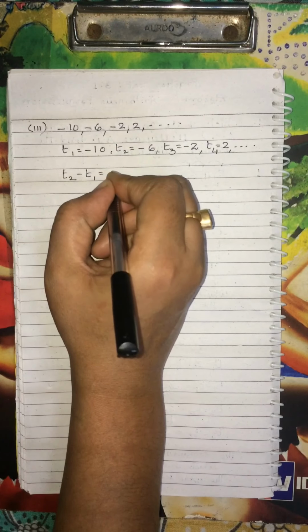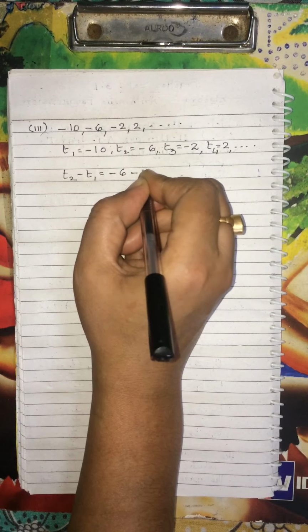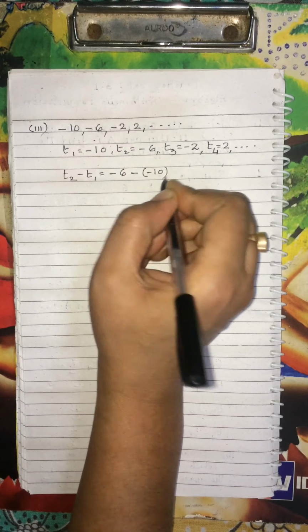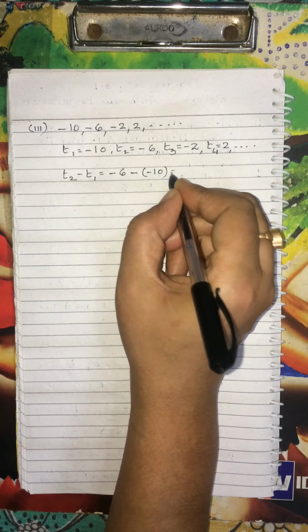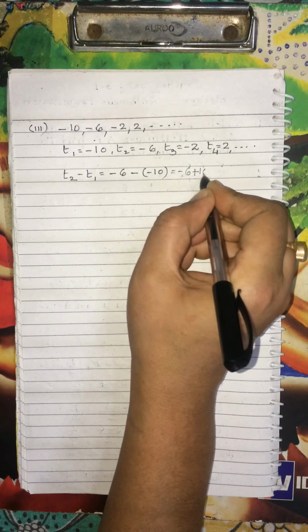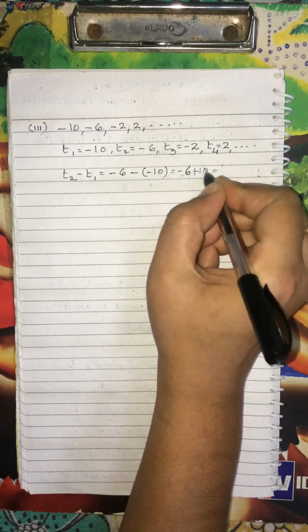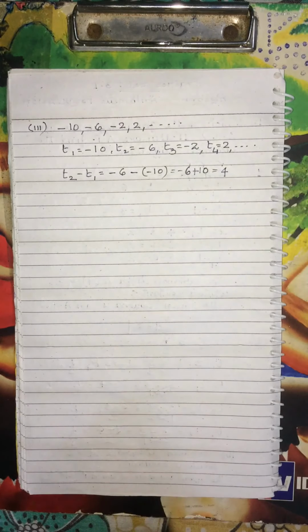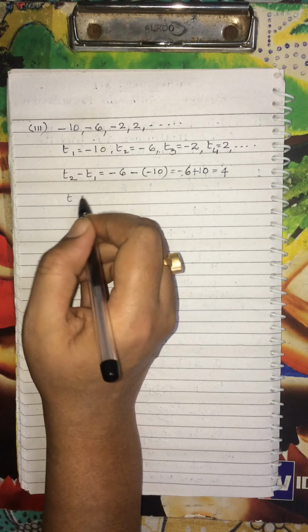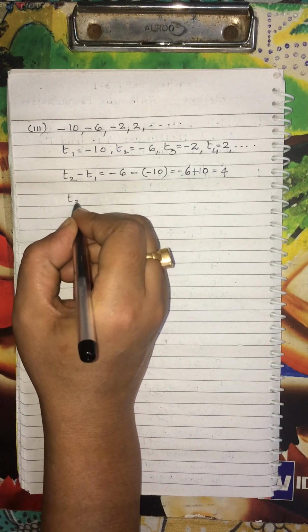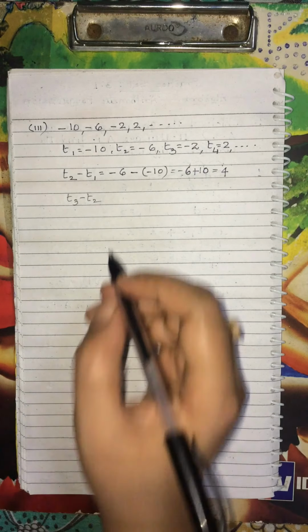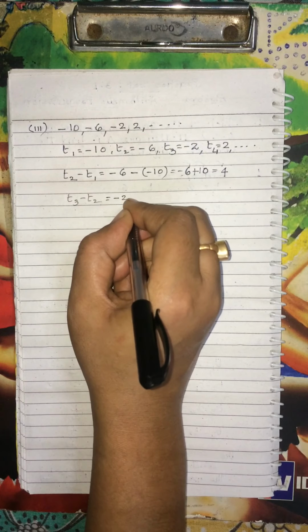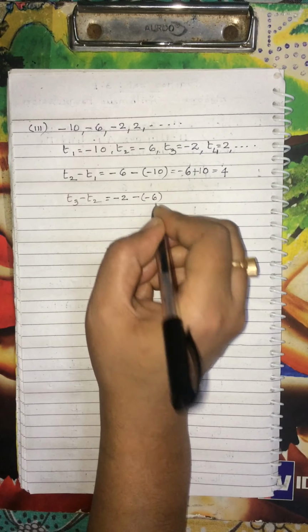T2 minus T1 is equal to -6 minus of -10, where there is a negative. Be careful with the brackets. You will get it as -6 plus 10, and that gives us 4, positive 4. And in a similar manner, find the next, T3 minus T2. T3 minus T2 gives us -2 minus of -6.